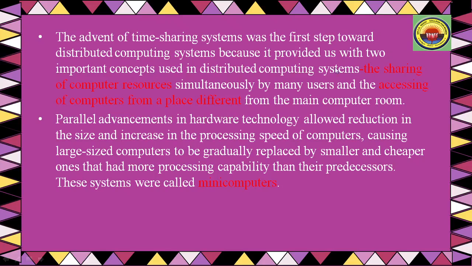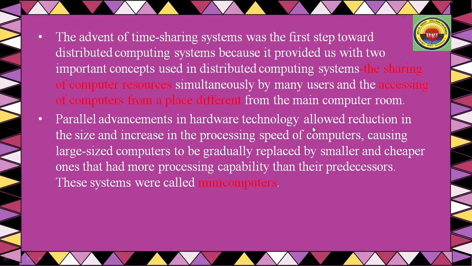So, in distributed computing systems, the sharing of computer resources simultaneously by many users, and the accessing of computers from different places, different regions, is possible, which is the concept coming from time sharing systems.